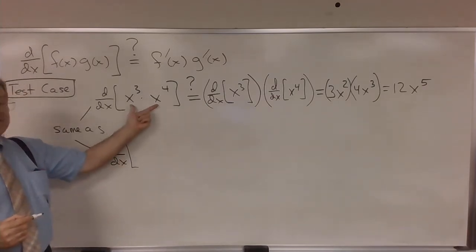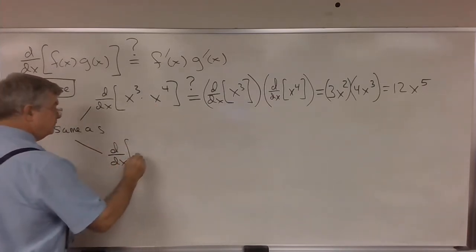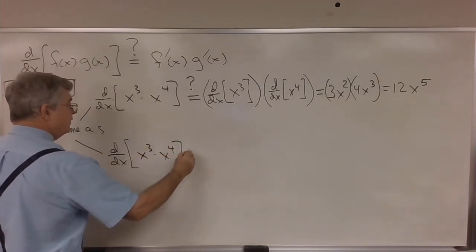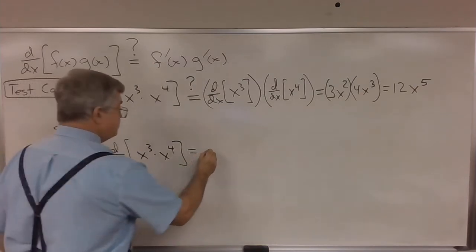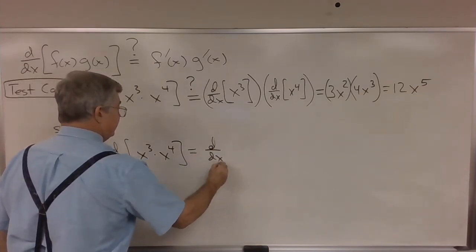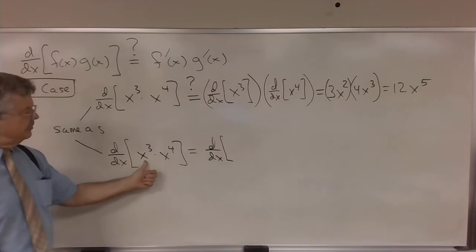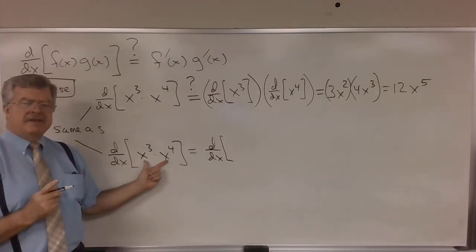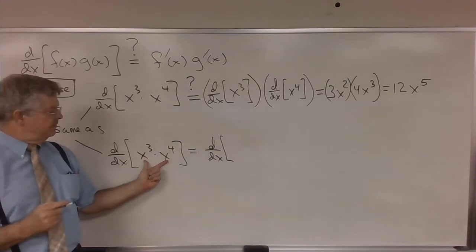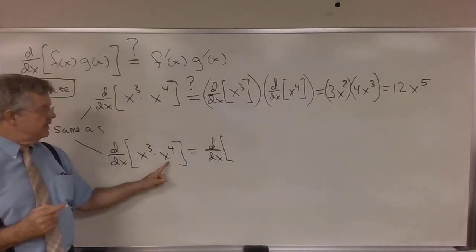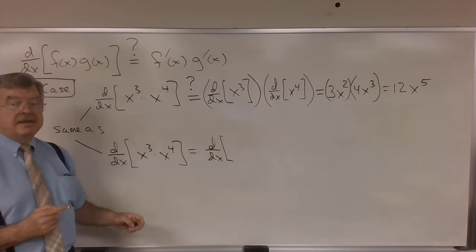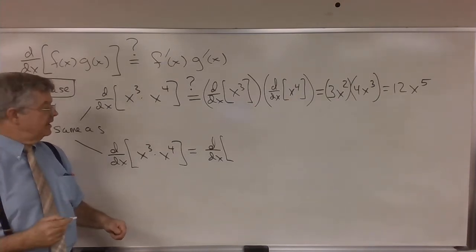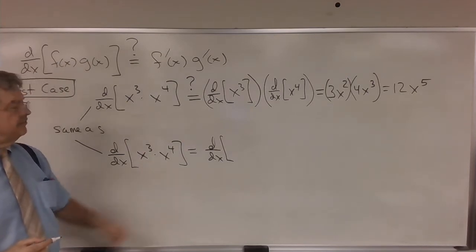We can start right off, let's see, x cubed times x to the fourth. We can combine these two factors into one factor. It's x to a power times x to a power. The exponents add, don't they? So this is going to be x to the seventh.